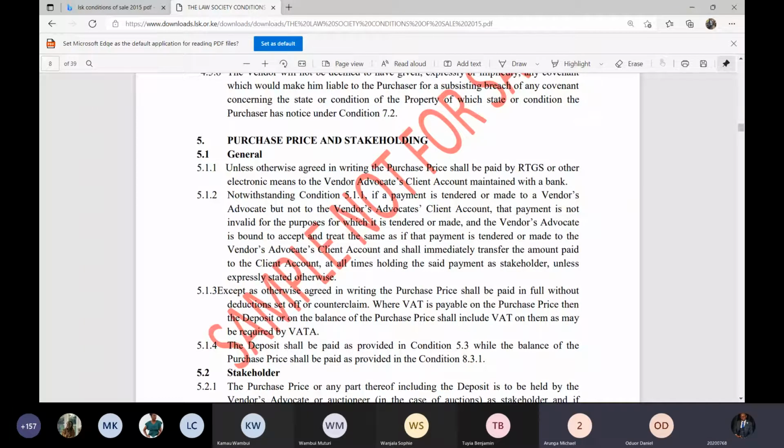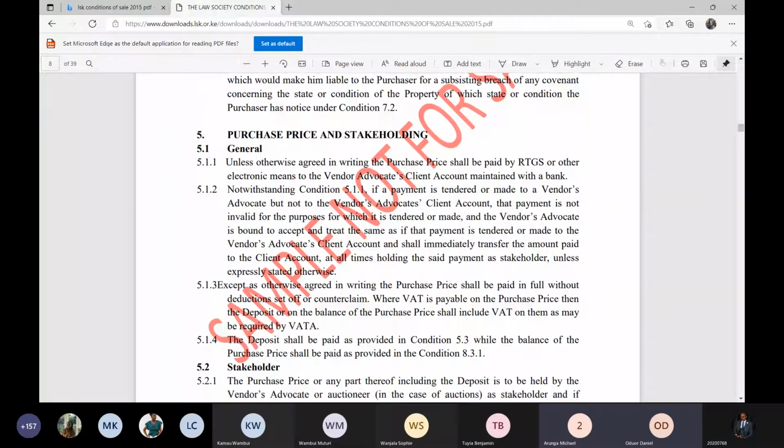So I think it's very important for us first of all to recognize that this amount will be paid, yes, but it is not paid directly to the vendor. The amount is paid to the vendor advocate's client account. So the money is not going to the vendor's account, but the vendor's advocate client's account.